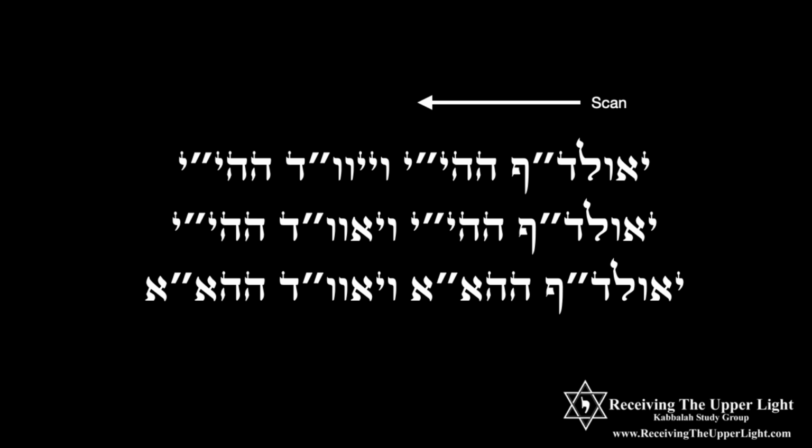Okay, now we're going to do a prayer. Before we recite this prayer, I want to make sure that you understand that this prayer was written by the Ari, the Rizal, Rabbi Isaac Luria, who prescribed this prayer for anyone who is going to study the book of Zohar.